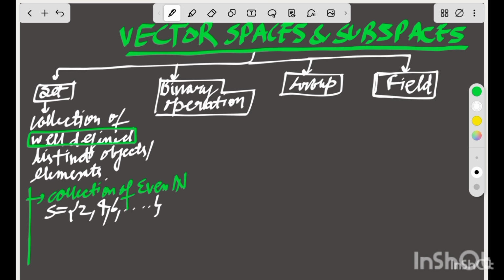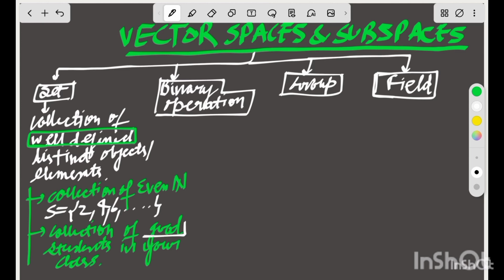Next example is collection of good students in your class. Since the term good is a subjective term and it has the different meaning for the different persons, means this collection is not unique. Therefore, this second collection does not form the set and the first forms the set.